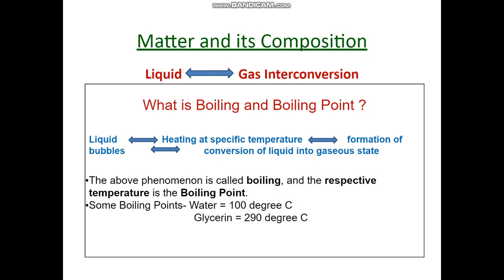Children, when a liquid is heated to a particular temperature, it forms bubbles throughout its bulk. Sometimes you see your mother also, she used to keep a pan on the burner which is full of water, and you can easily recognize the water vapors. So this phenomenon is called boiling, and the corresponding temperature at which boiling takes place is called boiling point.